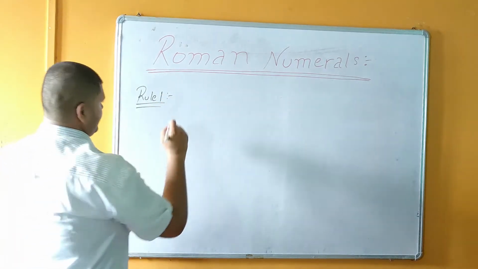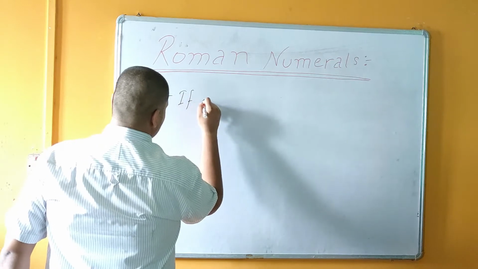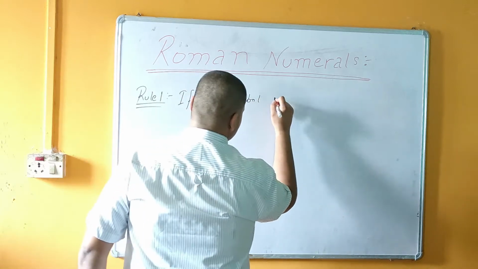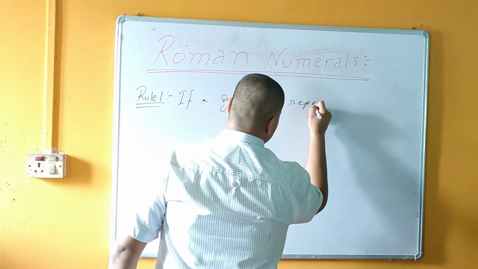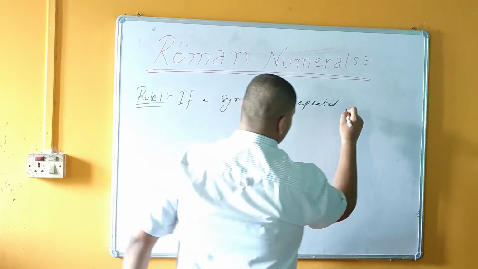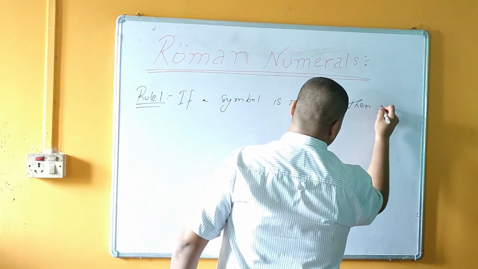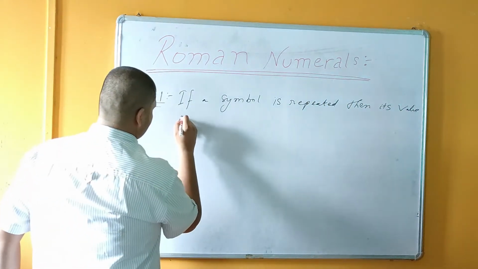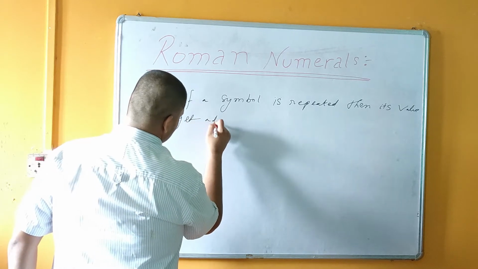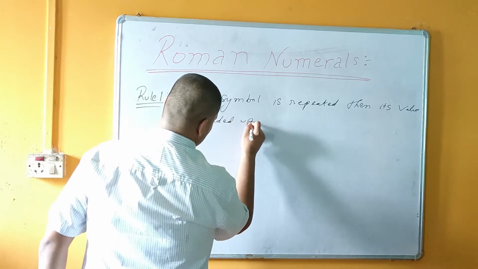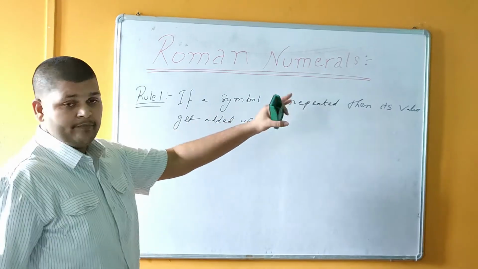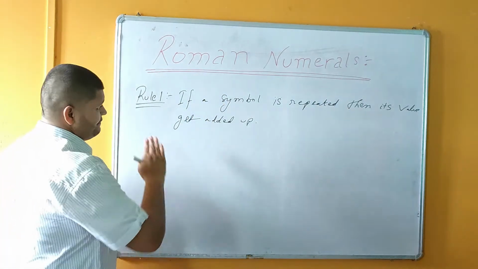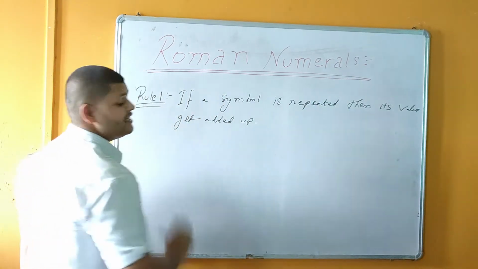It says that if a symbol is repeated, then its value gets added up. Did you understand the statement? If a symbol is repeated, then its value will get added up.